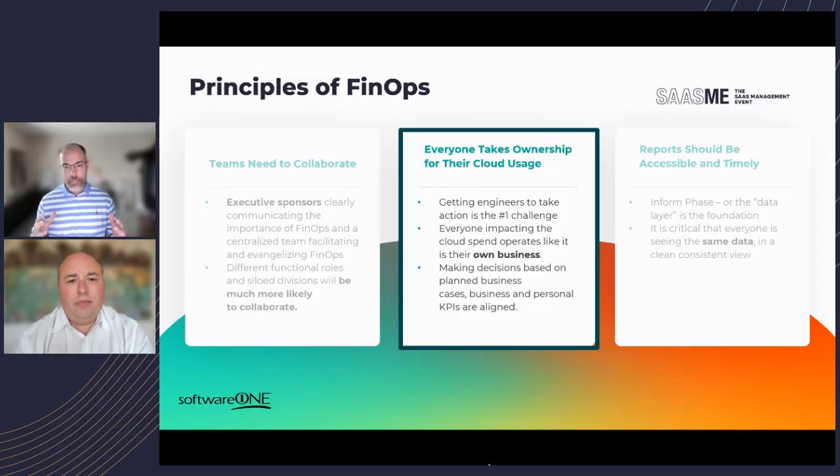So having this culture of accountability, this change that has to take place for people to take ownership is such a critical thing. The way that we like to word this is the ultimate utopia of this would be if everyone that's impacting the cloud spend would treat that as if it were their own business, if it were their own money, they would make completely different decisions.